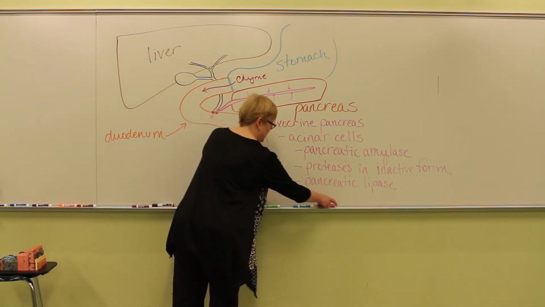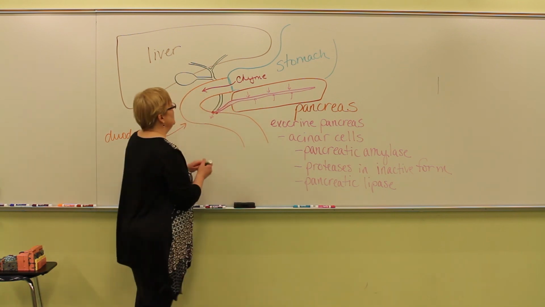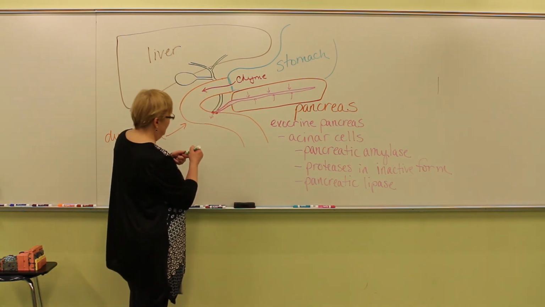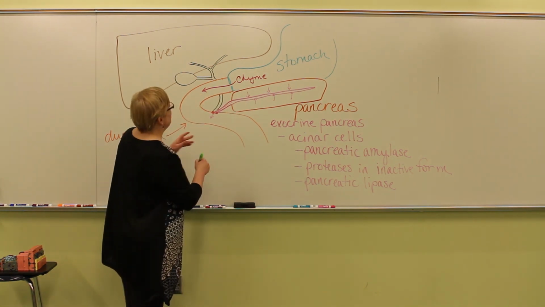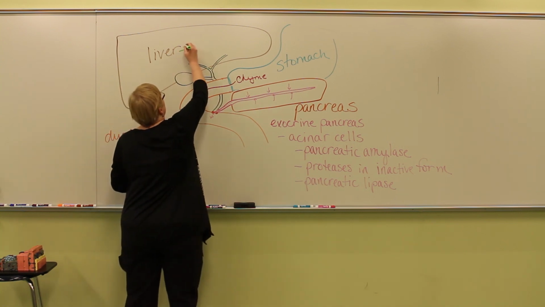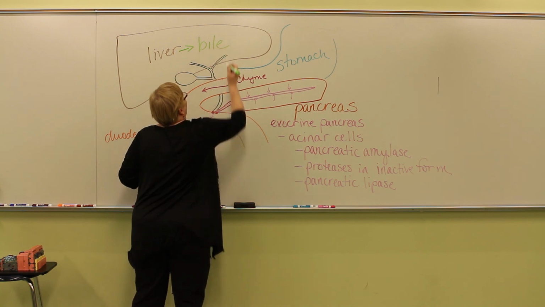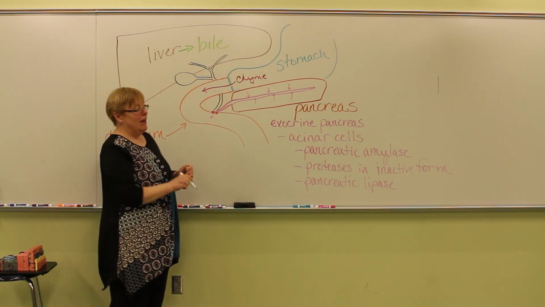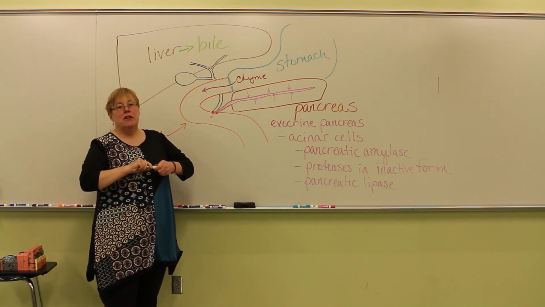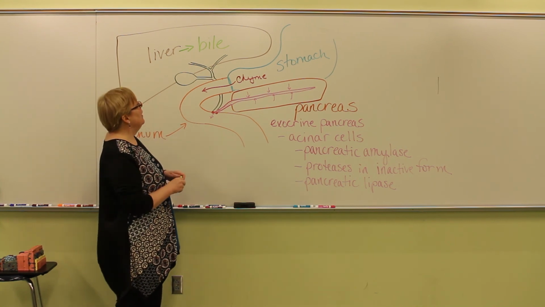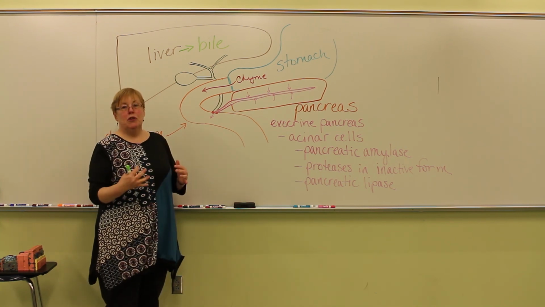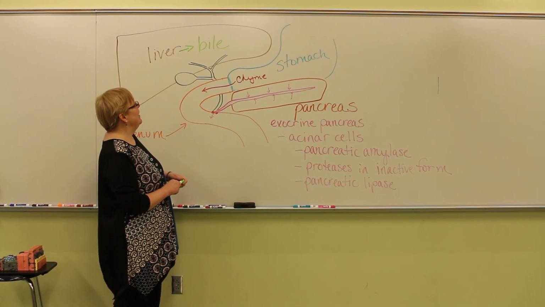So this is where we have the addition of another substance that is going to be helpful, and that is a substance that's produced by the liver, which is bile. Okay, so bile is a secretion produced by hepatocytes, and we'll look at the hepatocytes in a moment.